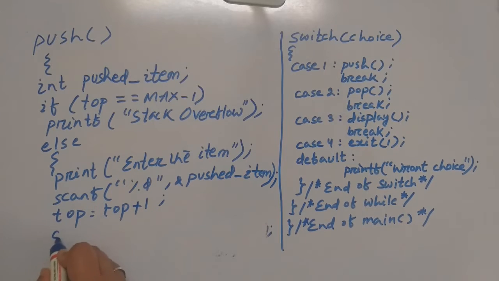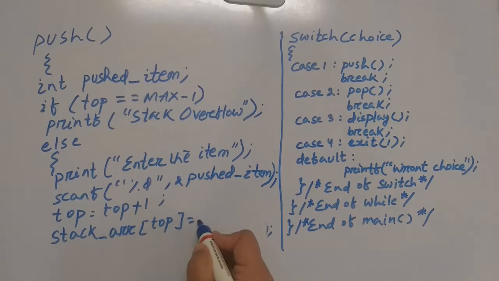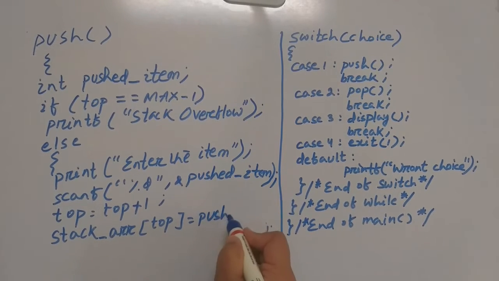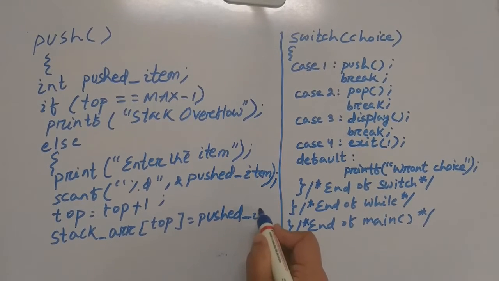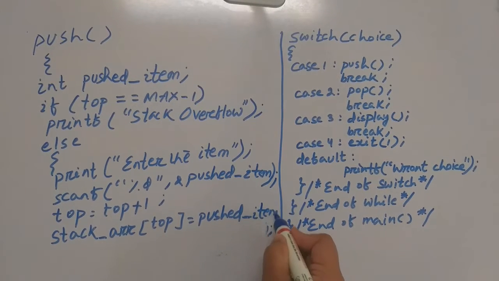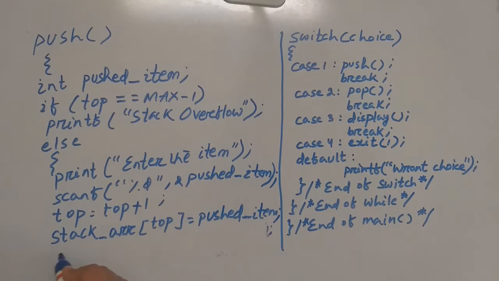Then stack underscore array top is equal to post item. Then semicolon, then the end of else, then the end of push.